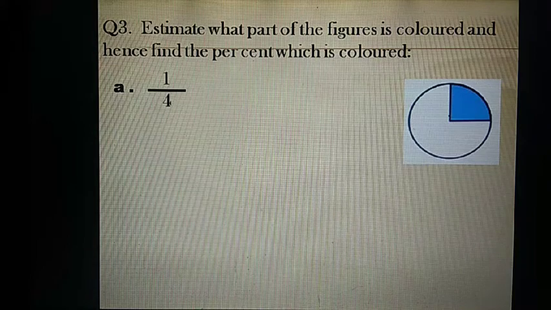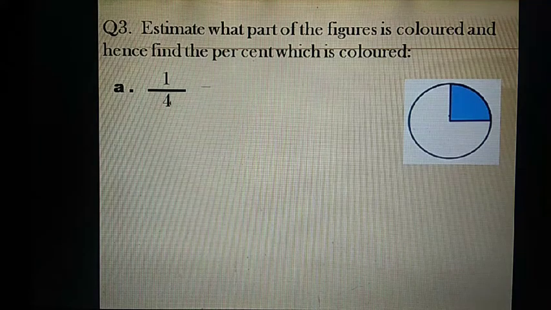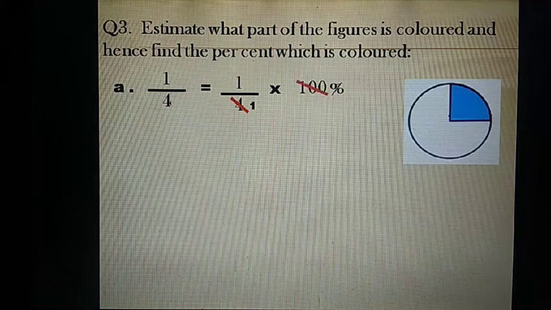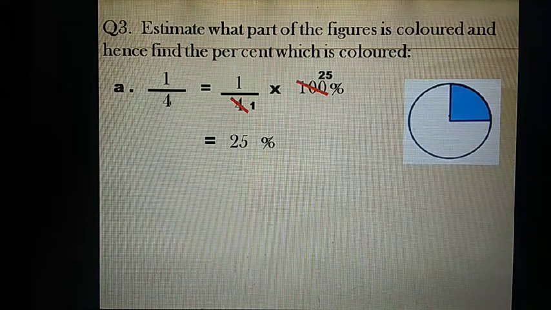So the fraction is 1 upon 4. We will multiply this fraction by 100%. 4 ones are 4, 25 fours are 100. Finally, you are left with 25%. So 25% of the given figure is colored.